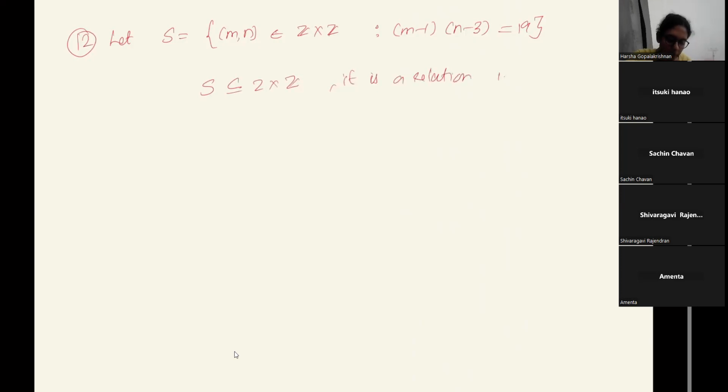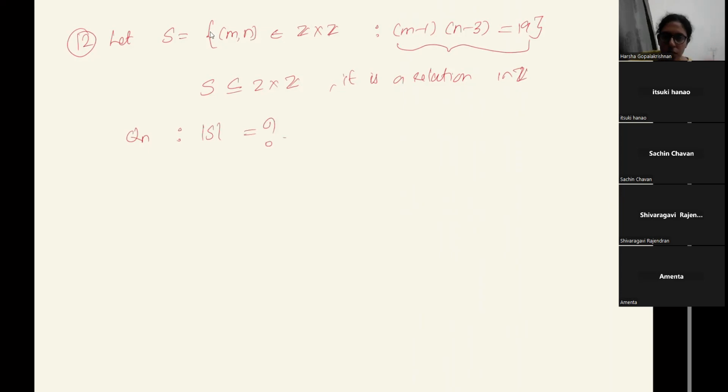The tuple (m, n) should satisfy the condition (m minus 1) into (n minus 3) equal to 19. Clear? So the question is, what is the cardinality of S? Cardinality of S means we should find the number of elements in S.